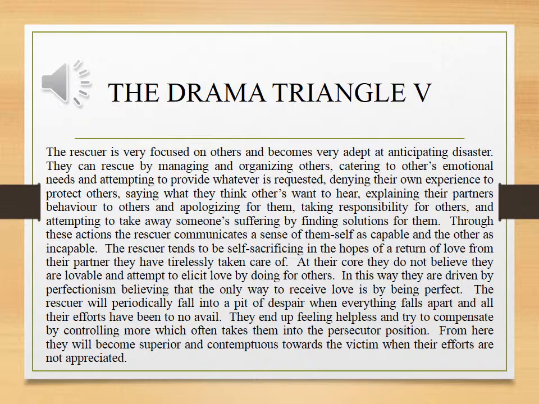They end up feeling helpless and try to compensate by controlling more, which often takes them into the persecutor position. From here they will become superior and contemptuous towards the victim when their efforts are not appreciated.